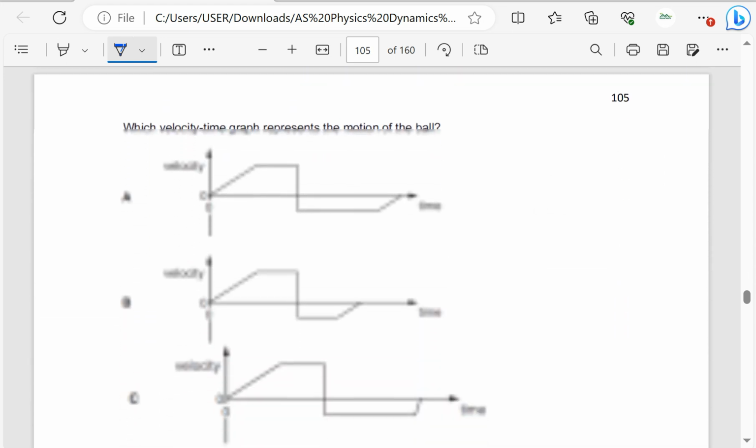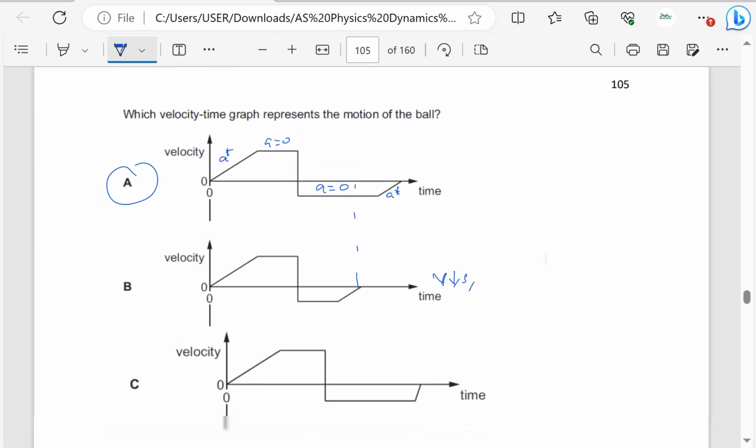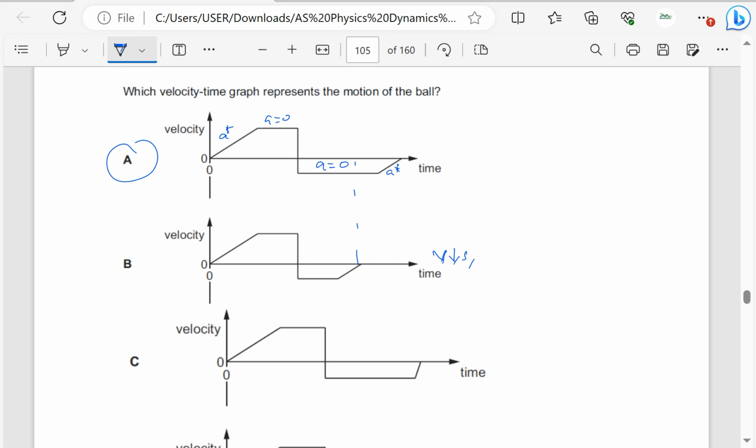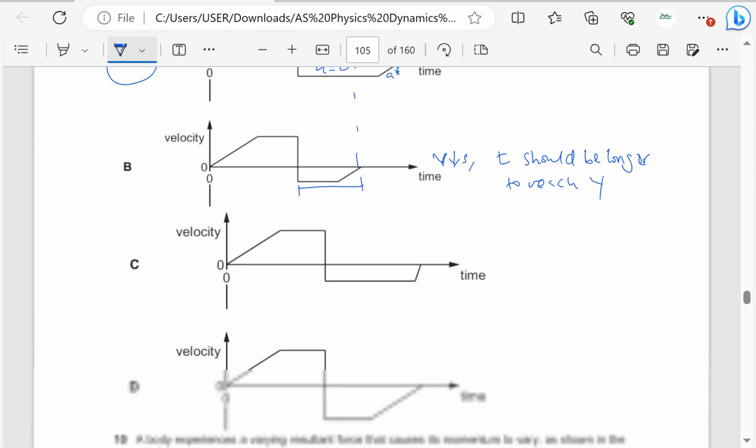Since V decreases for B, the time should be longer to reach Y from Z. But this one is showing that it reaches Y in a shorter period of time. So that's what keeps B out.